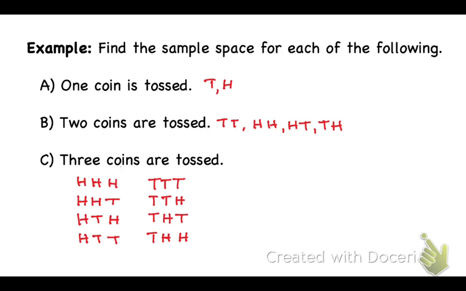So the probability is 3/8. I should write this a little differently: probability of 2 heads is 3/8. When you write a probability, you always write P for probability and what you're looking for. It can be some shorthand.